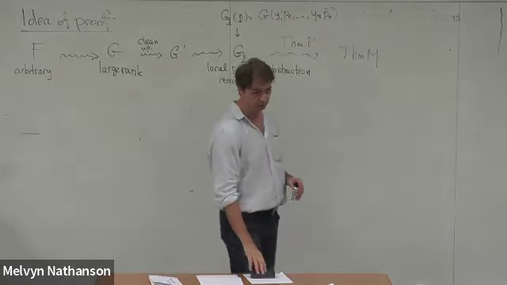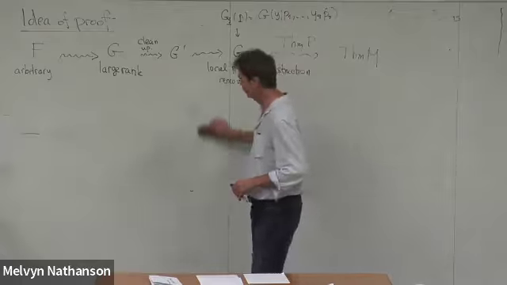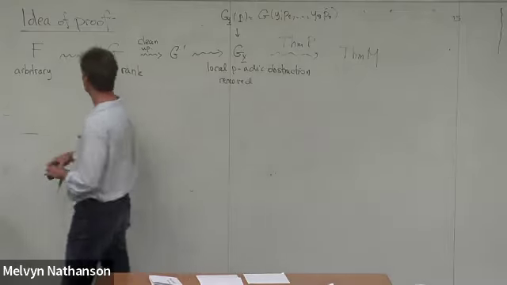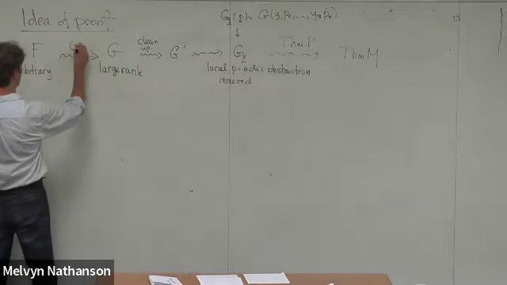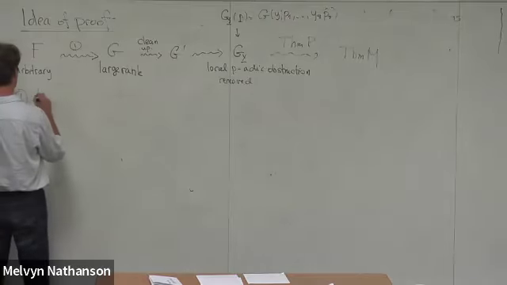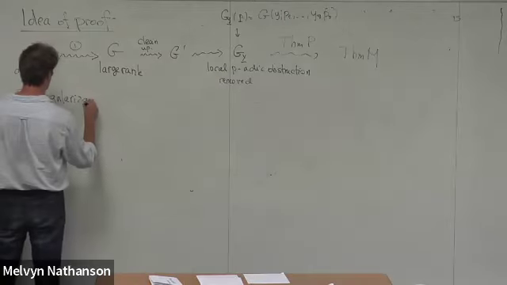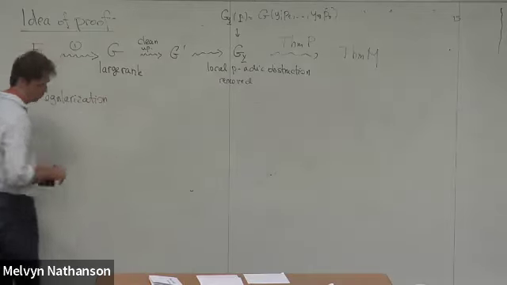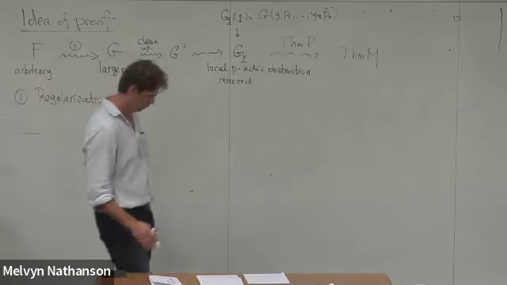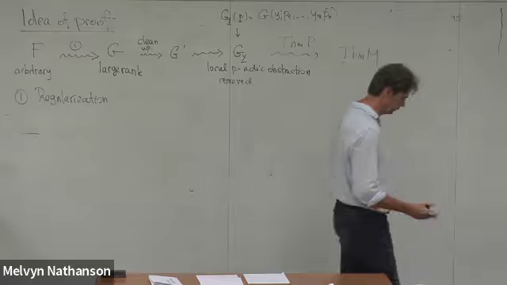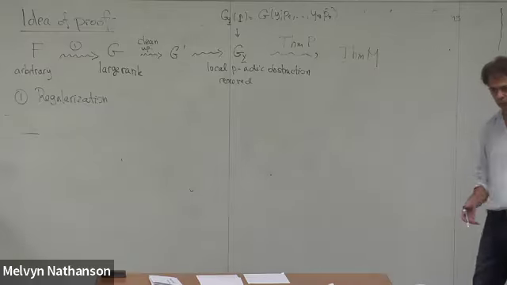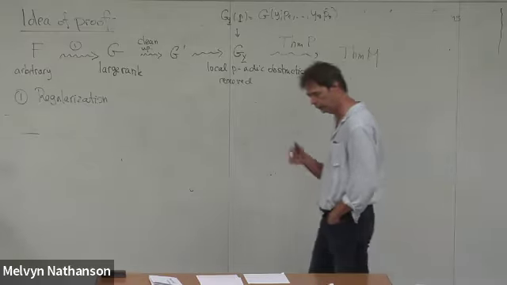So, what are these steps? The first step is what we call regularization. Now, this appeared in our paper, but before, in infinite characteristic, in some papers in additive combinatorics.